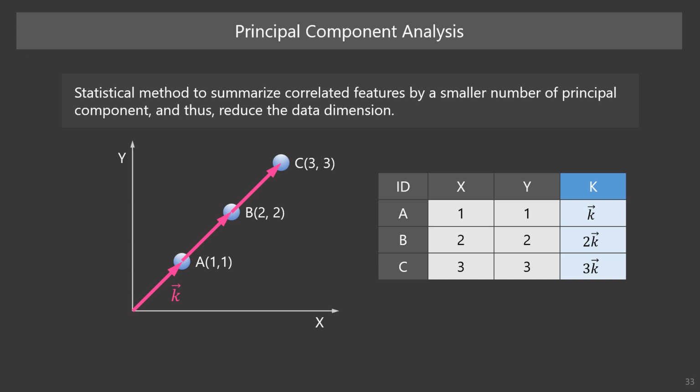However, if we convert the axis to one represented as k, we can express the same information by only one axis. The new axis is the principal component that summarizes data by fewer dimensions. And as we can see, the variance of the principal component is larger than those of x and y. So, the principal component retains the information of the original data.